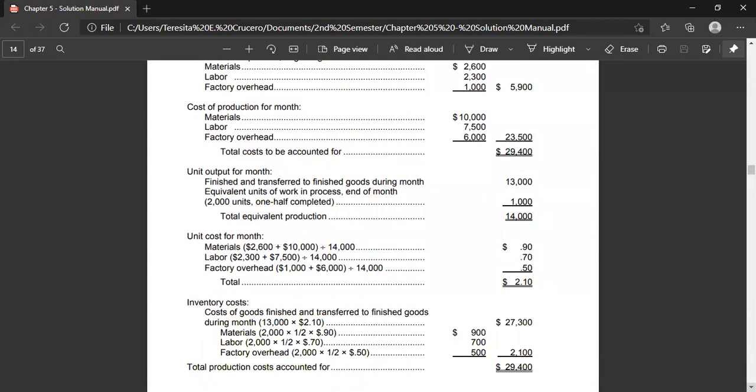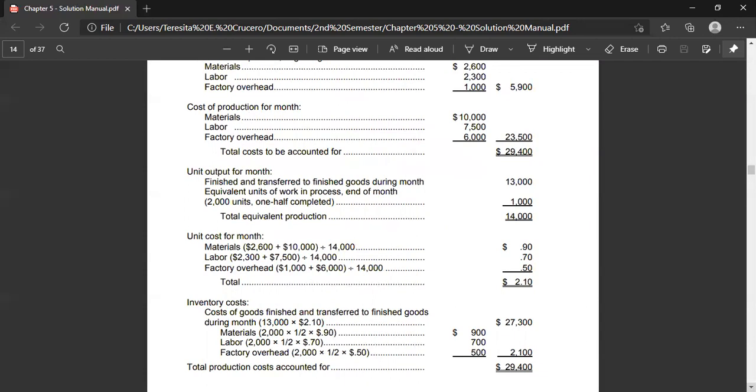Now for the inventory cost, the cost of goods finished and transferred to finished goods. So we now get 13,000. We just multiply it by 2.10. So we have now the cost of goods finished and transferred to finished goods during the month.